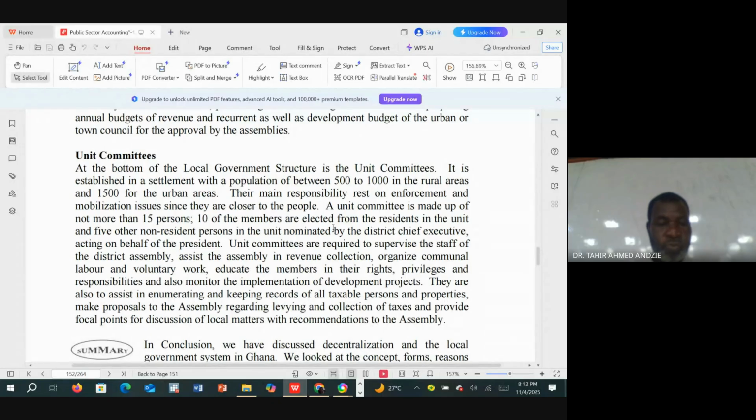They are also to assist in enumerating and keeping records of all taxable persons and properties, make proposals to the assembly regarding levying and collection of taxes, and provide a focal point for discussion of local matters with recommendations to the assembly.